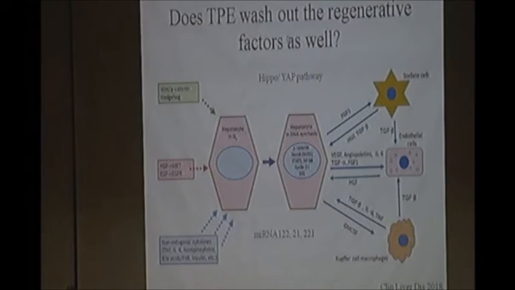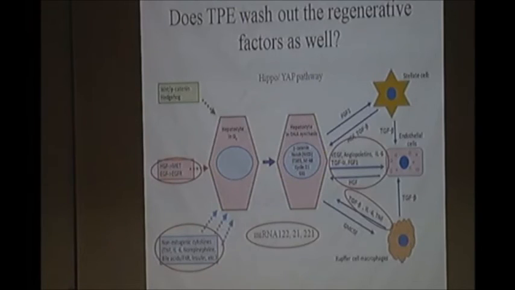Now obviously if you are washing out the plasma of the patient in whom the liver has started to regenerate, we will be washing away all the liver regenerative factors, especially the non-mitogenic cytokines, the growth factors, everything responsible for regeneration, which are present in the patient's plasma, will be washed away. And what we are replacing it with is plasma from a normal healthy donor.